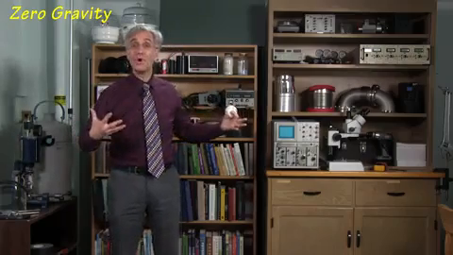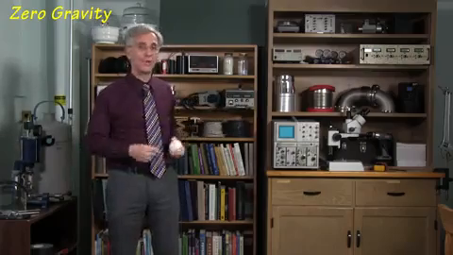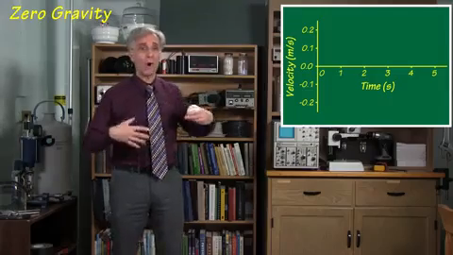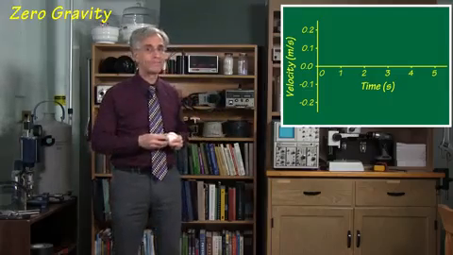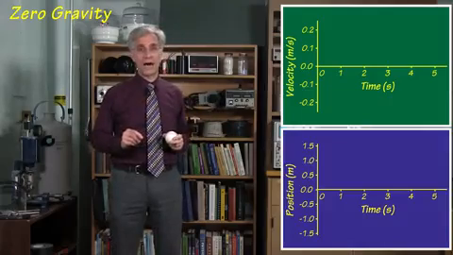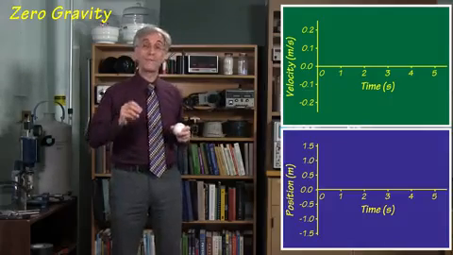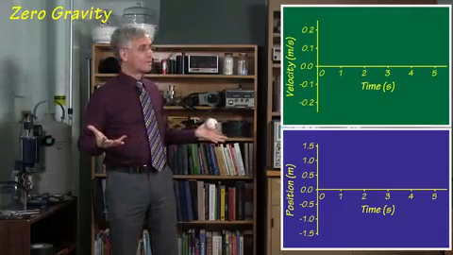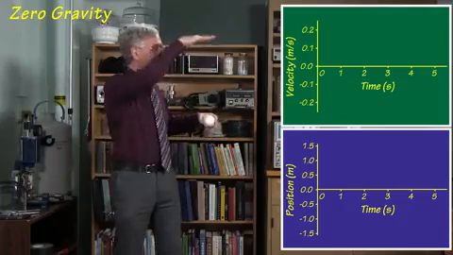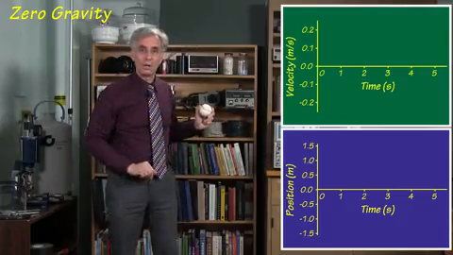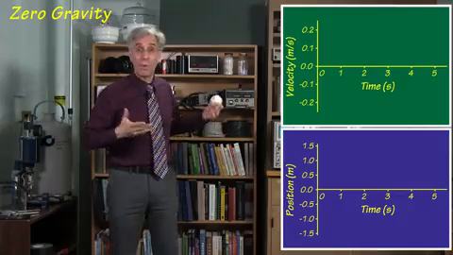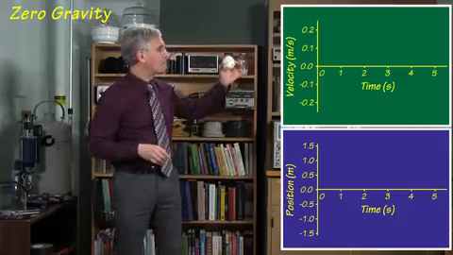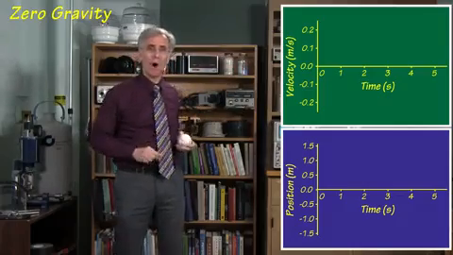And as it moves, I'm going to plot two things. First, I'm going to plot the vertical component of the ball's velocity, as before, but I'm also going to plot the vertical component of the ball's position. What's the vertical component of position? Well, it's the altitude of the ball relative to some starting point, some 0. And I'm going to make the 0 the point at which I let go of the ball.